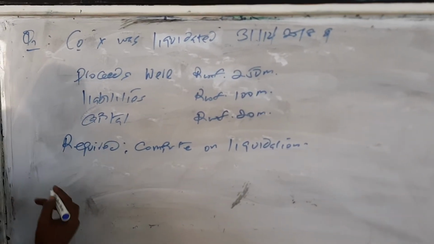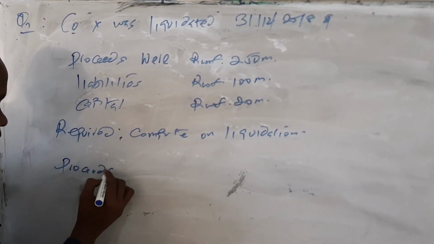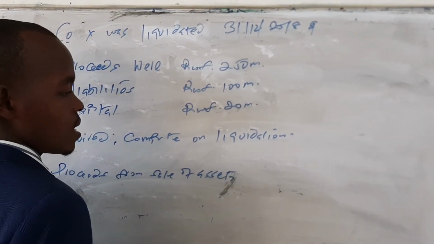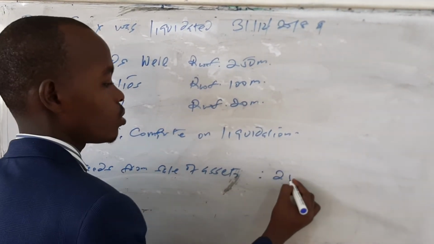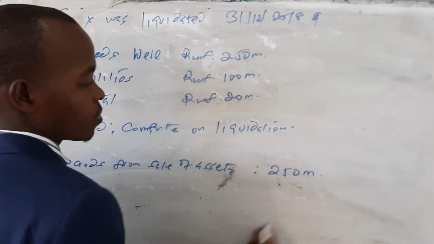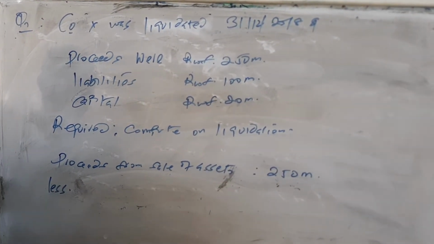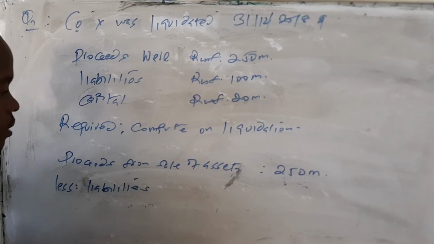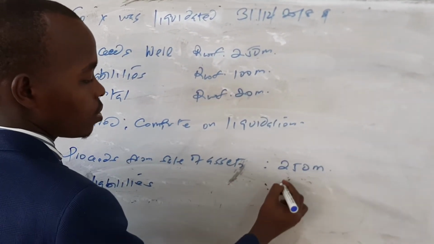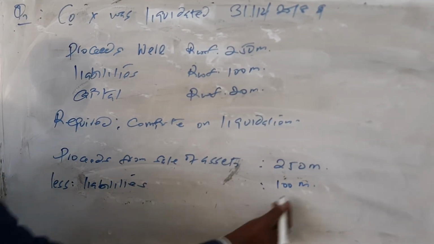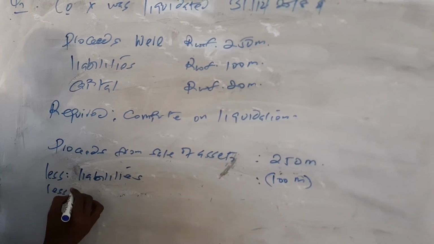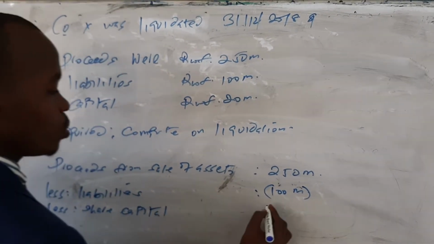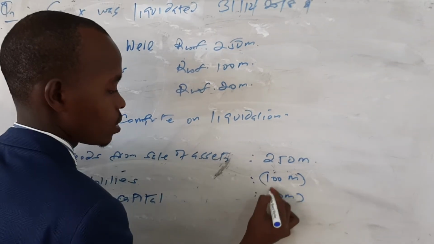Of course, as I've said, you need to come up with proceeds from sale of assets, and the proceeds we have here is 250 million. Less the liabilities, which is 100 million, and then less the share capital, which was 20 million.